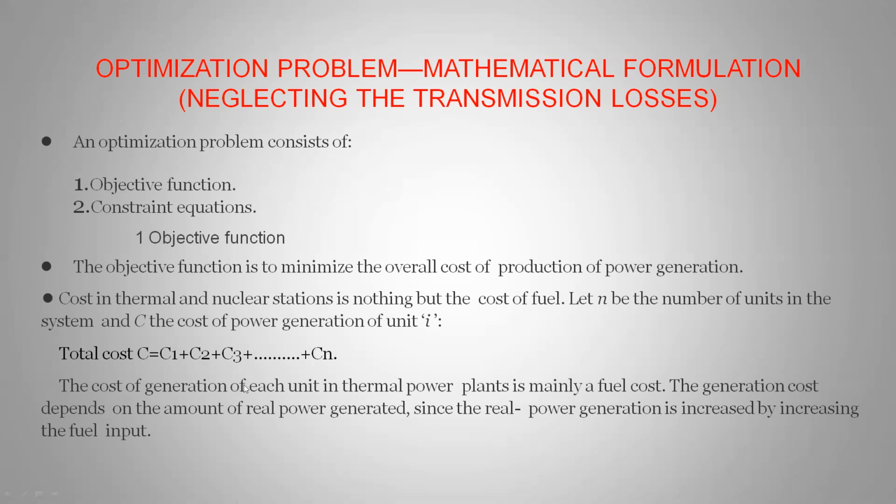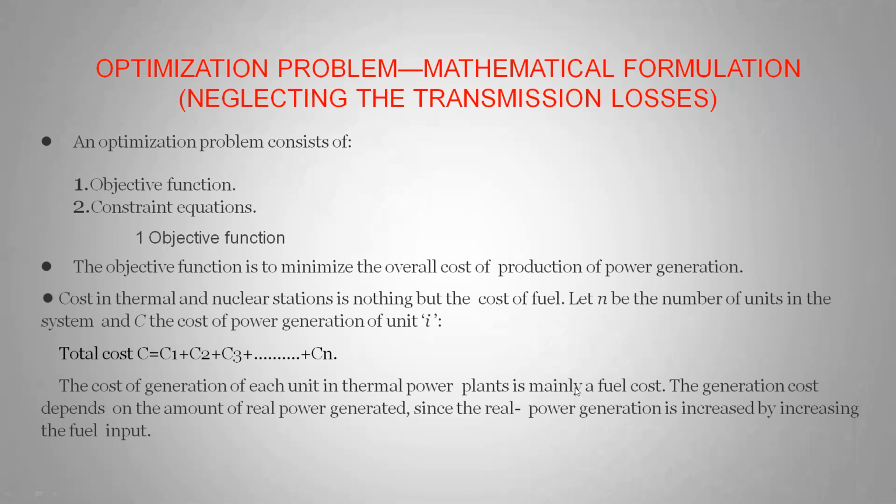The cost of generation of each unit in thermal power plants is mainly a fuel cost. So the fuel cost is the main expense of the total generation.